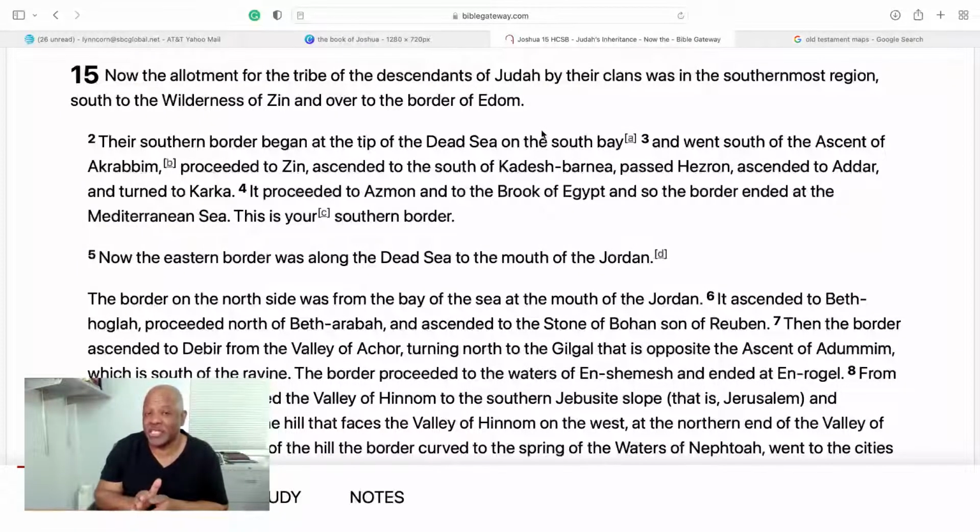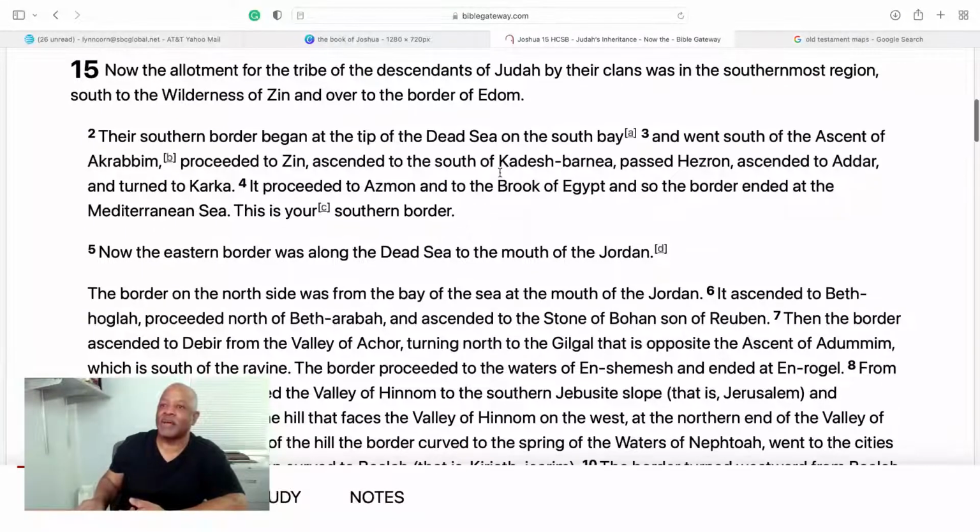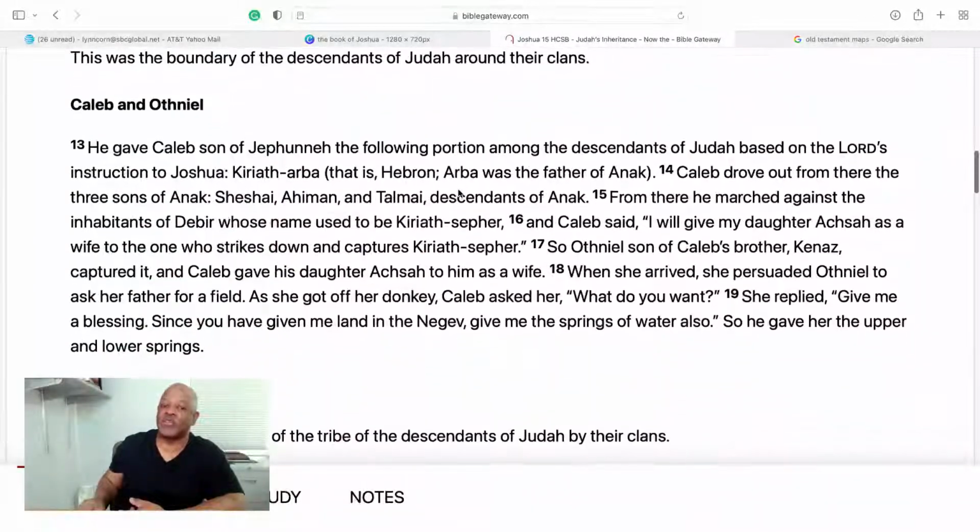For example, Pontius Pilate would be the appointed ruler over the Judean territory, and so we will come to know the term Judea or Judean fairly well. Okay, so I'm going to skip down to verse number 13.